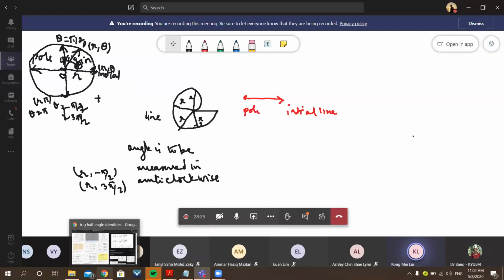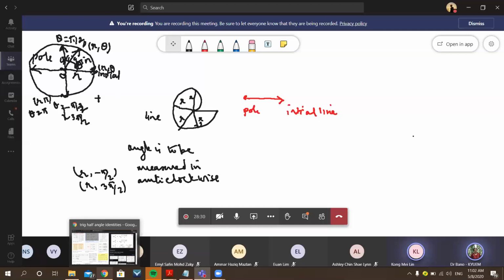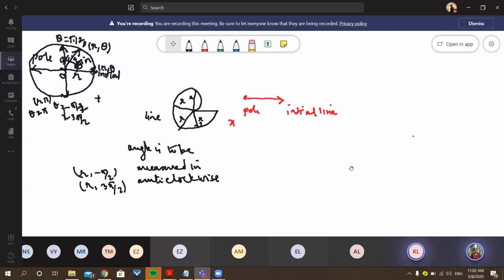And r is the length of the rope. Let us say, because we have a fixed pole and a rope, we are pulling that rope from the pole, so that length of your rope is r. Okay? Are we okay with this? You have to tell me yes or no, then I can proceed to the next.